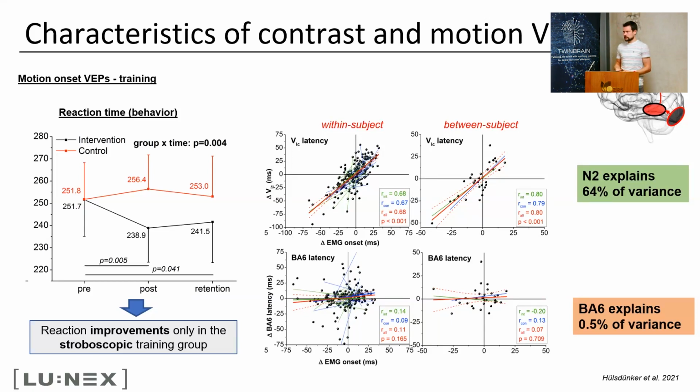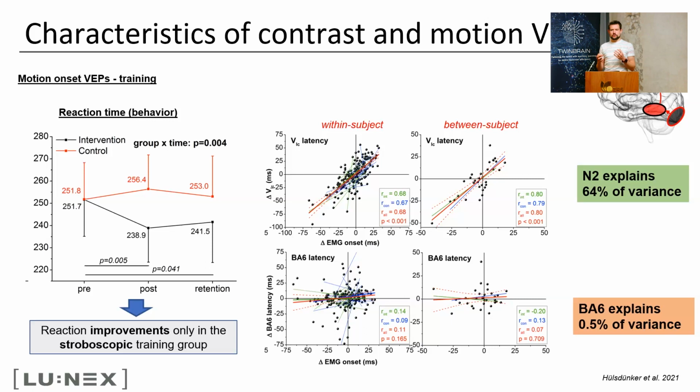We were calculating this within subject, and we were calculating that between subjects. And again, we found quite a good correlation here. So it explained around 64% of the variance. So changes in the reaction time were to 64% explained by changes in the latency of the visual system.